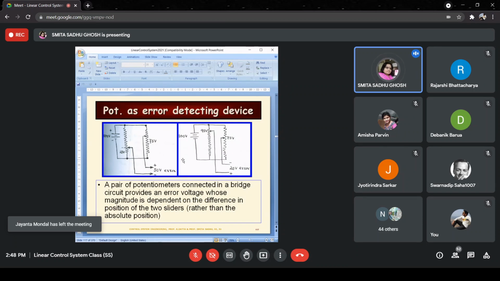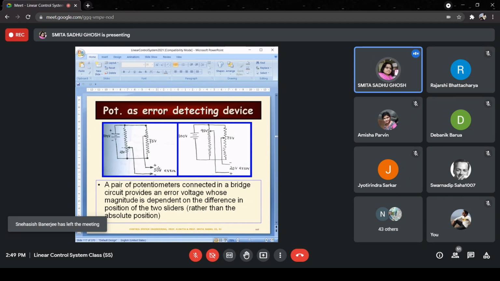Okay, these two figures. So now on the left hand side, what you have is a pair of resistive elements, as you can see. Both are connected in parallel across a source of voltage. The source of voltage you can see is 100 volts and the polarity has been indicated. And you have two pointers, one connected to this resistance and the other connected to the other resistance.